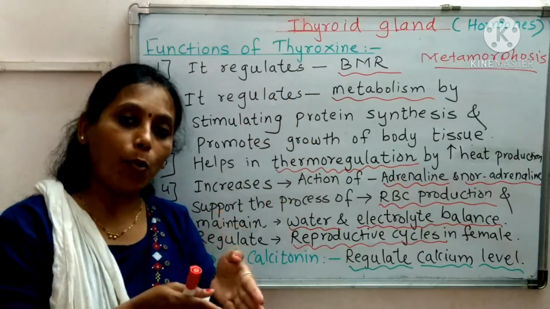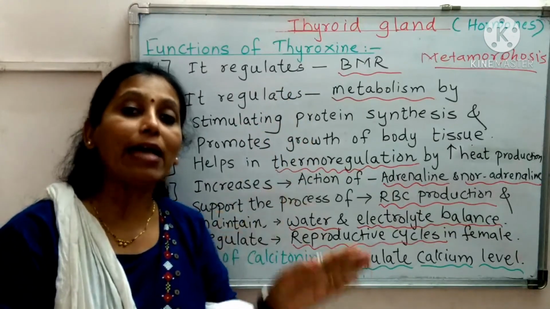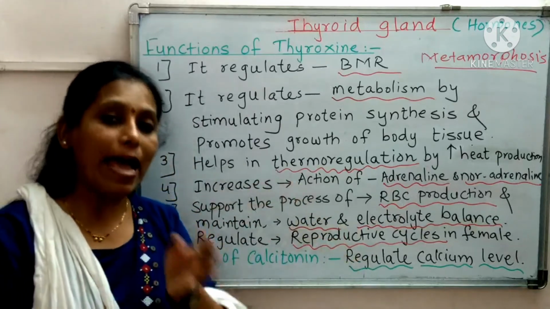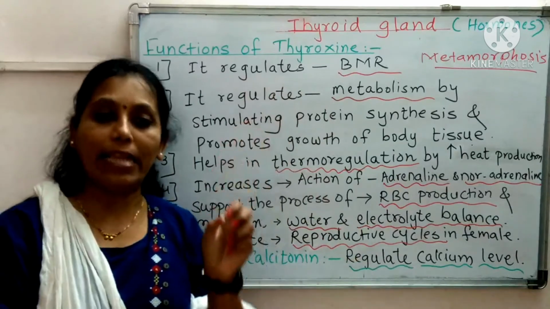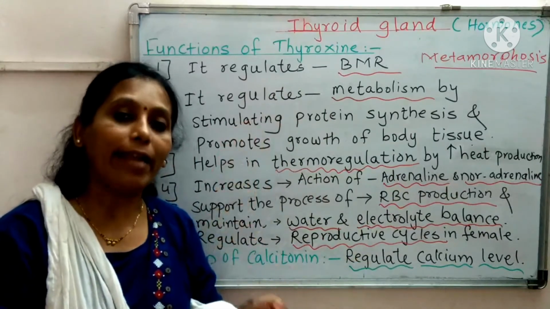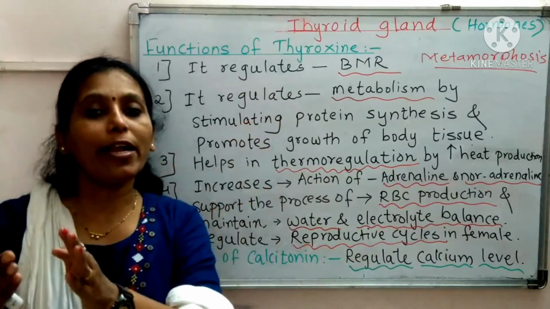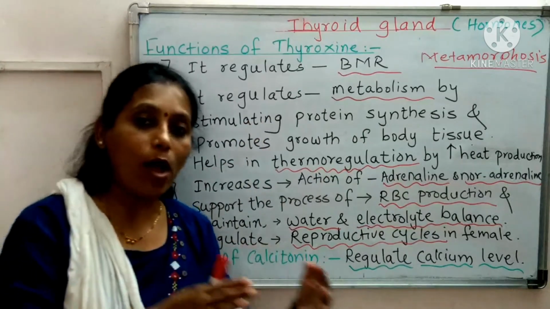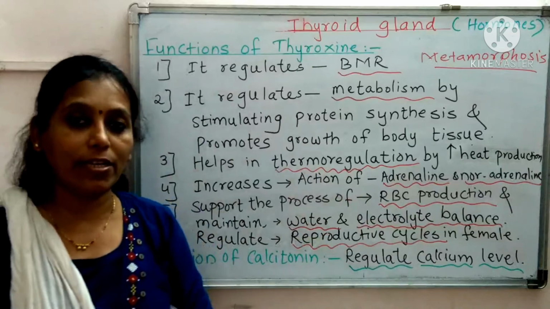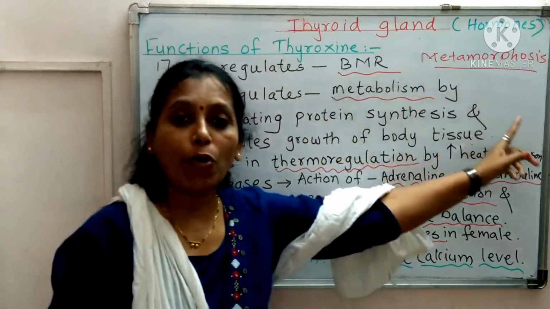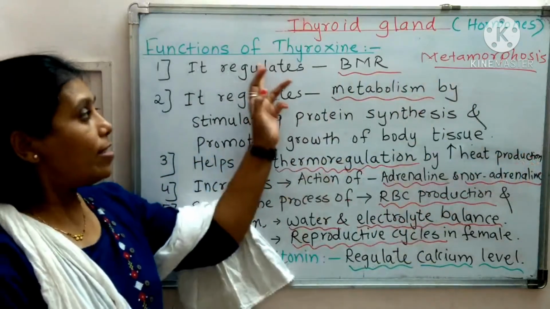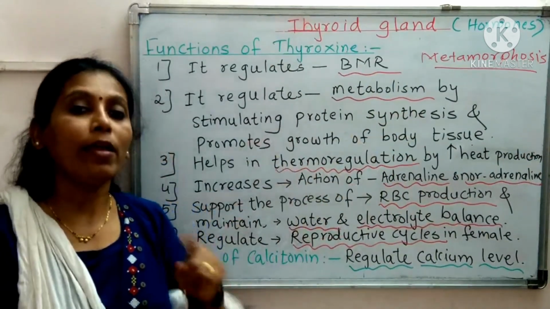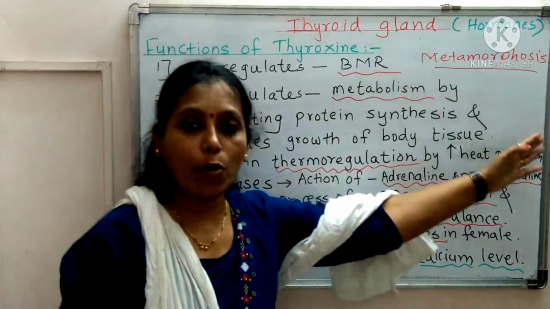So that tadpole larva remained as it is. It did not convert into a frog. But when thyroxine was injected into that tadpole, it converted into the adult frog. So this conversion of one stage into another stage is called metamorphosis. It means this thyroxine hormone plays a very important role in the process of metamorphosis.